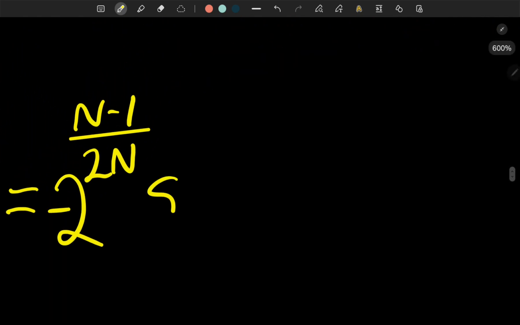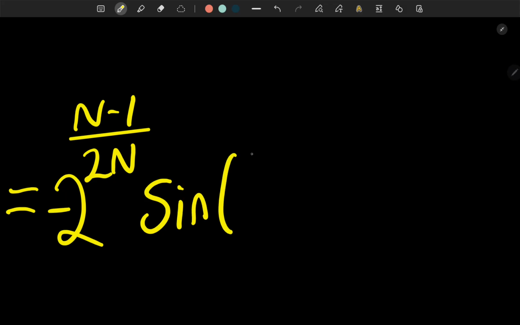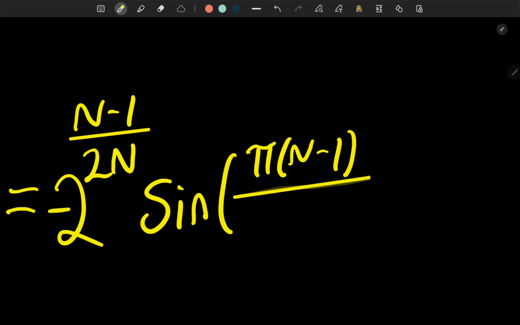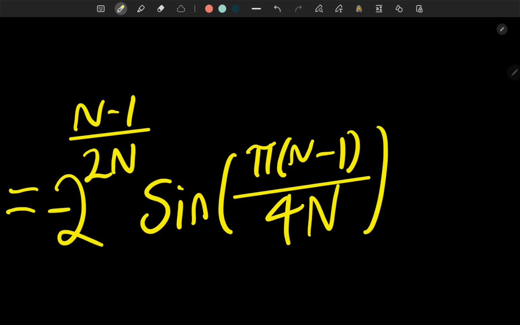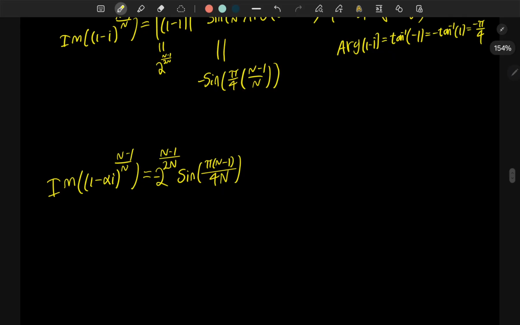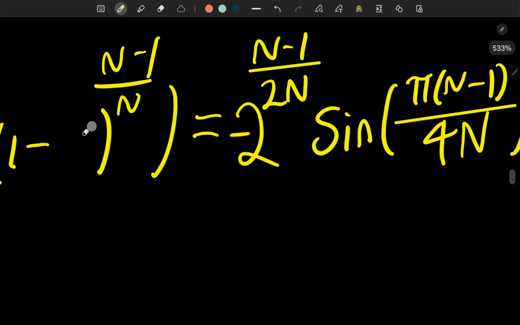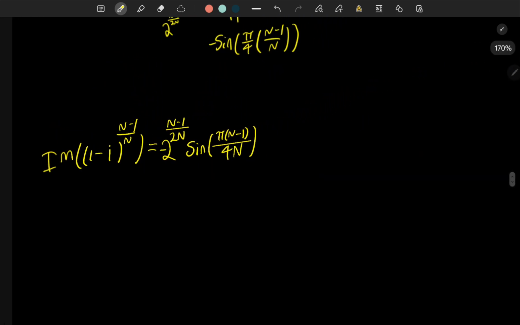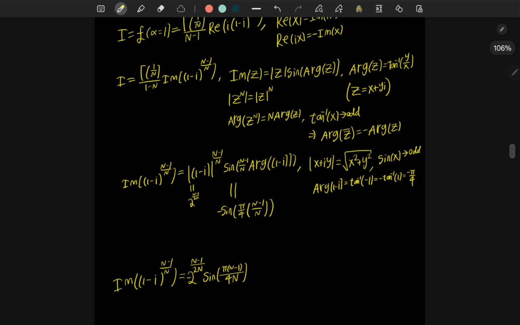Sine of pi times n minus 1 divided by 4n. So this is the imaginary part of, my apologies, 1 minus i. Very, very nice.